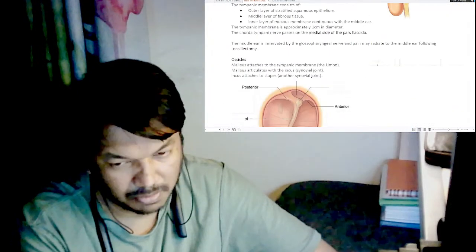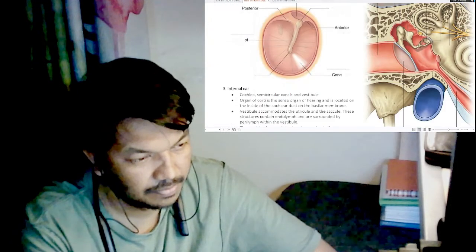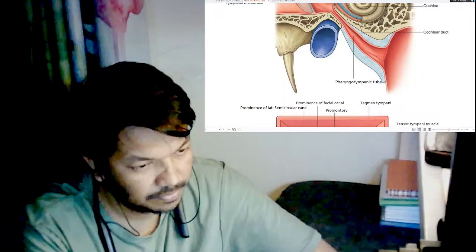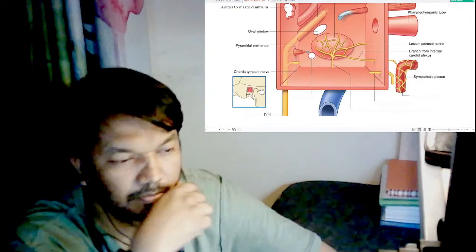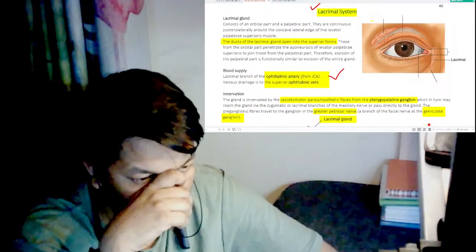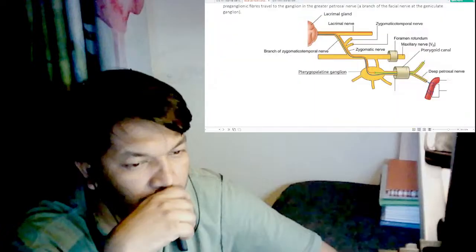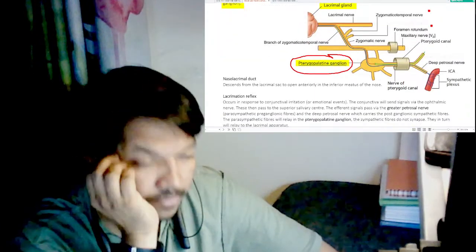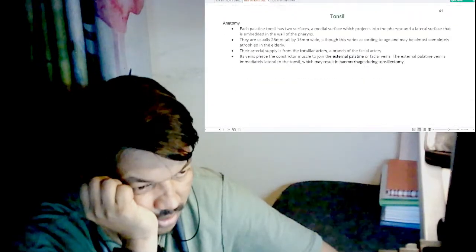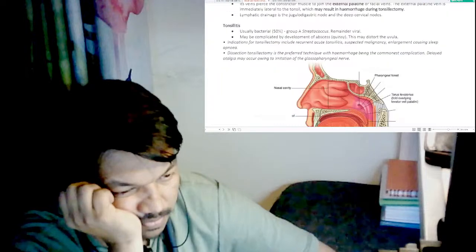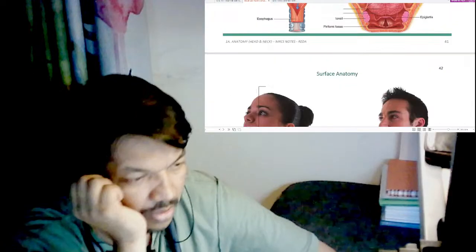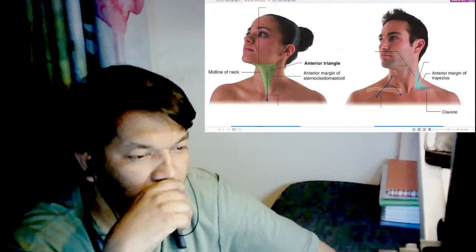Here anatomy, not that. Lymphatic system, blood supply and innervation. If you want, you can read, but I didn't study it properly. Tonsil. Not that. Finish.